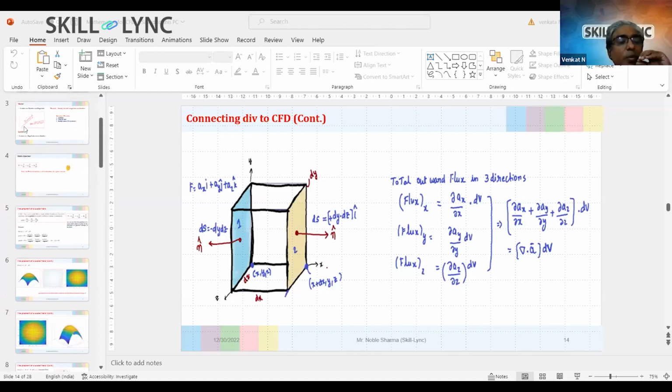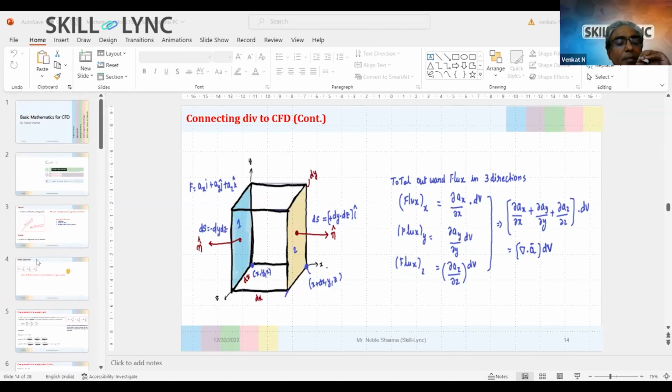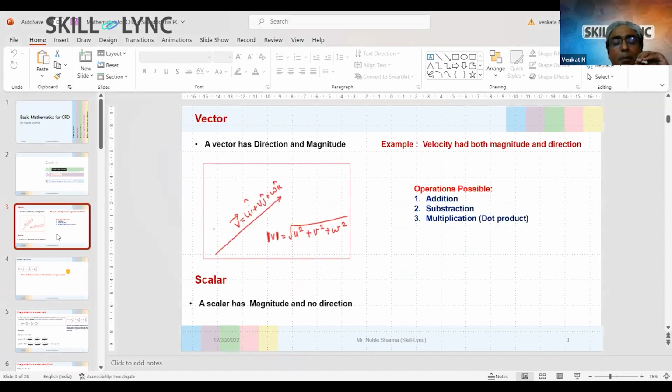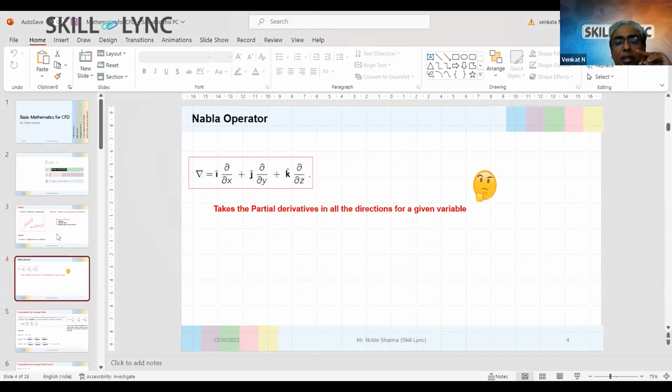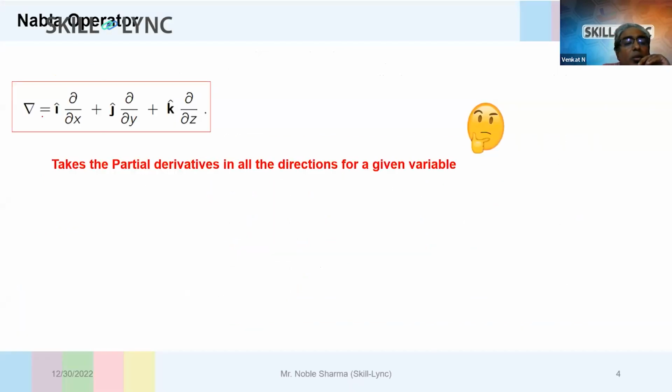So I'll just show you some quick stuff here. I think vector and scalar, we know. This is the Nabla operator, or the del operator, which we have seen in the Navier-Stokes equations. The del operator or the Nabla operator is given by this expression. Basically, it's an operator that operates on vectors and scalars.